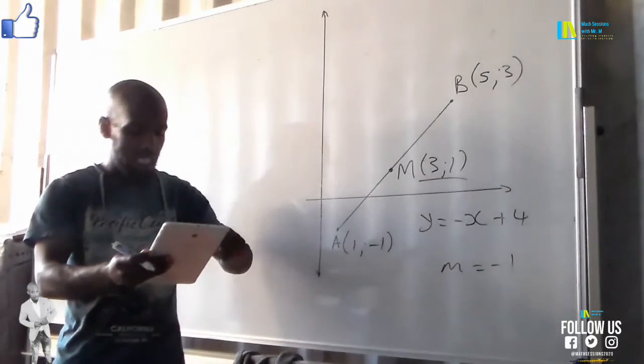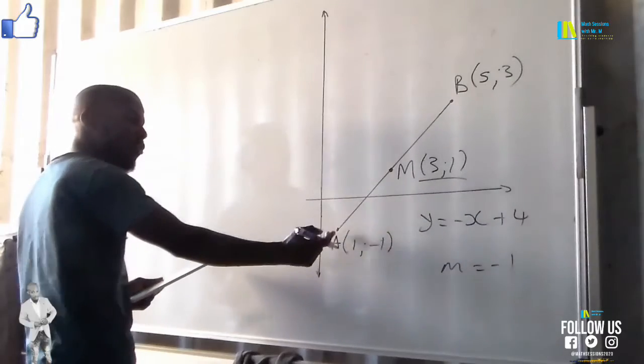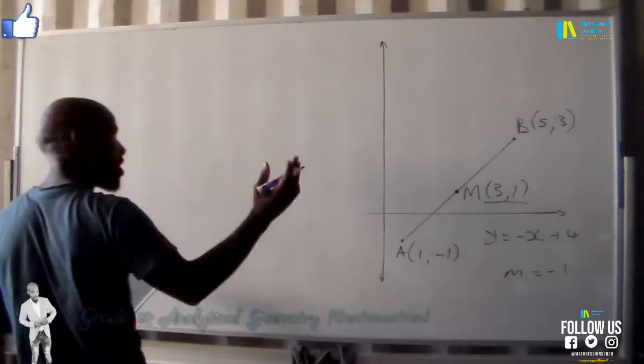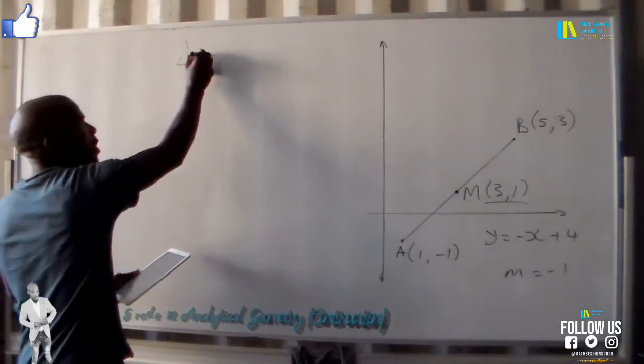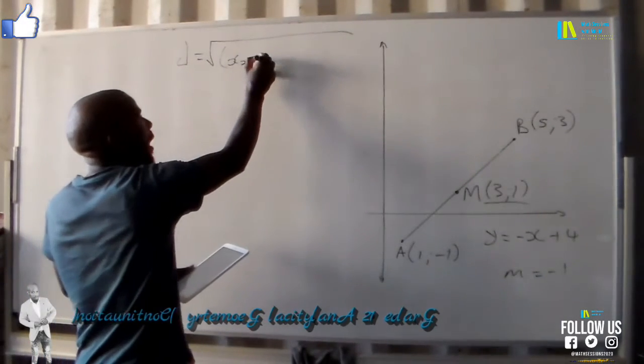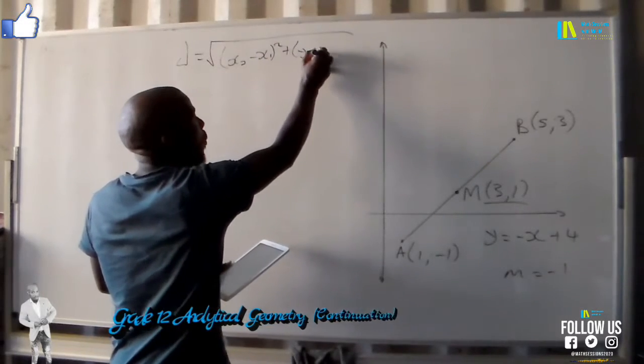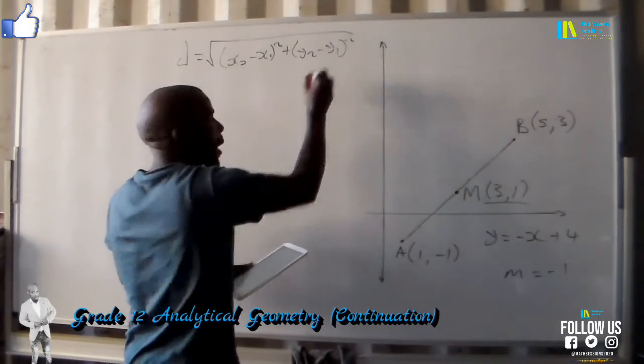So the next question they ask us is this one. They say, let us calculate the length of the line AB, the line from this point to the other point. Straight to the point, we just apply the distance formula, which is D is equal to the square root of x2 minus x1 squared plus y2 minus y1 squared.